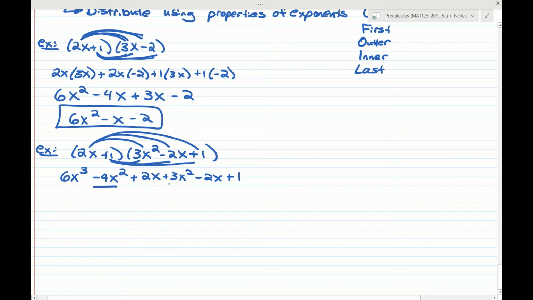Combining our like terms, we get 6x to the third minus x to the second. The x's actually cancel. Then we just have the plus 1. It's not harder, there's just more numbers to distribute.